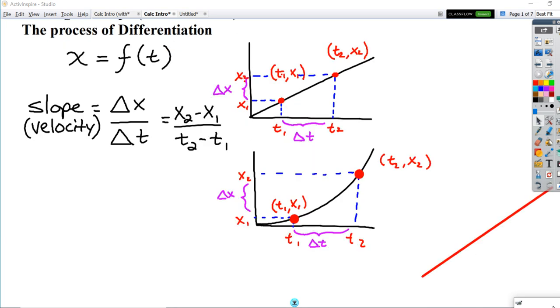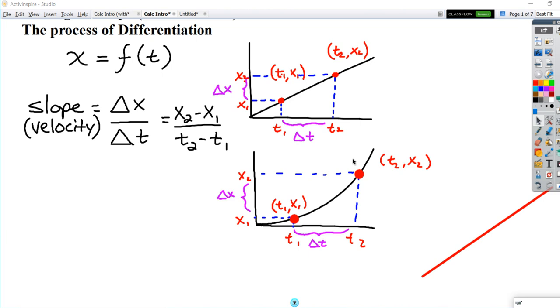Now let's take a look at this graph. This is a parabola. It's still a position versus time graph. We're still looking at a position function as a function of time. But it's a curve, not a line.